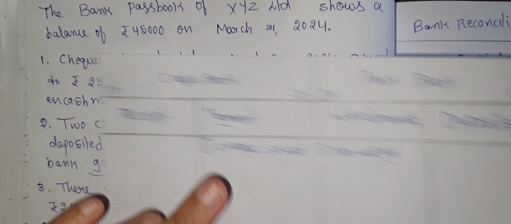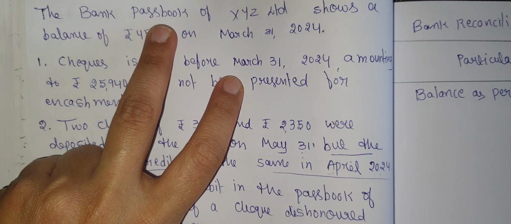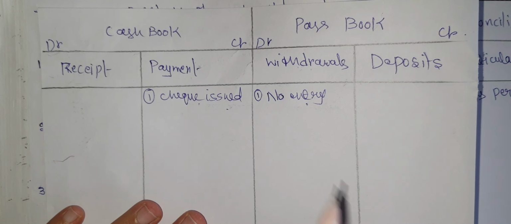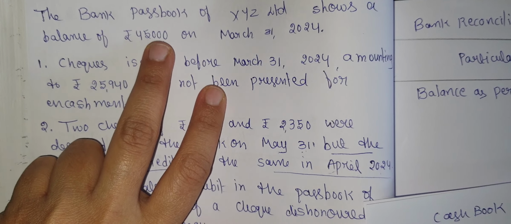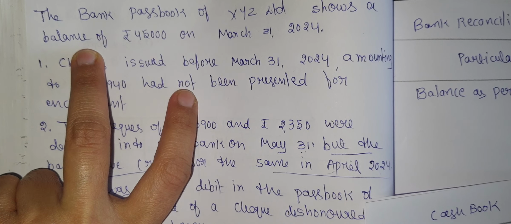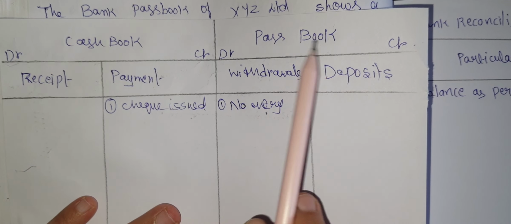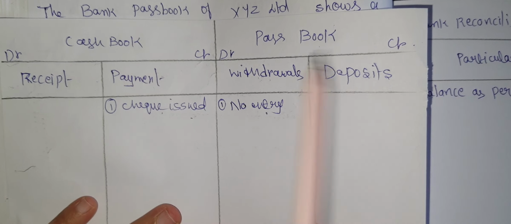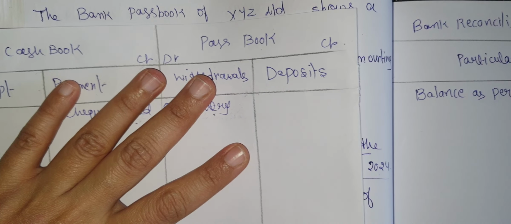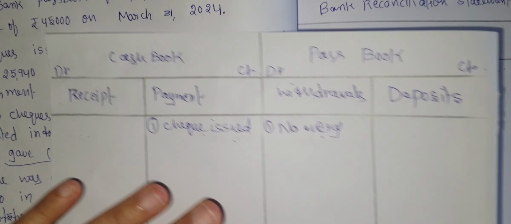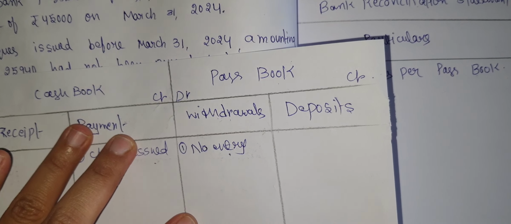And the third step is the effect on cash book or passbook. In the last class I said, here they have given the balance as per the passbook, so we have to check the effect on the cash book. Suppose they gave the balance as per the cash book, then we would check the effect on the passbook.